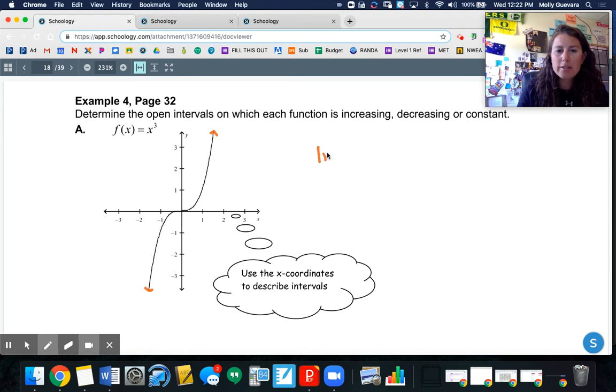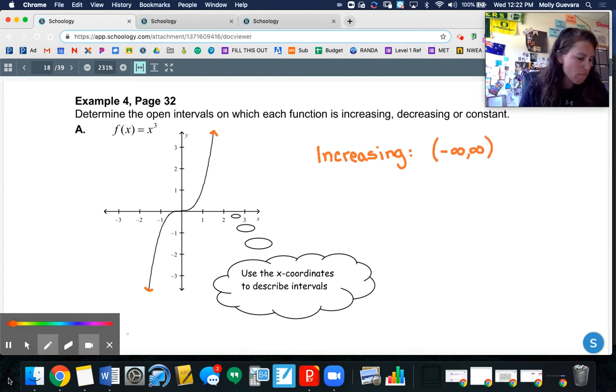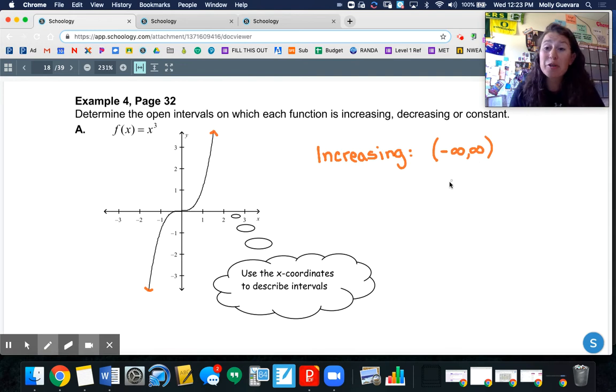So this one's kind of quick because this graph is increasing the whole time. So we say it's increasing from negative infinity to infinity. And we're going to write our intervals in interval notation.